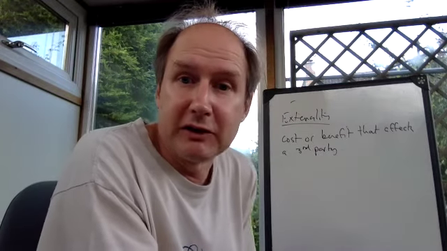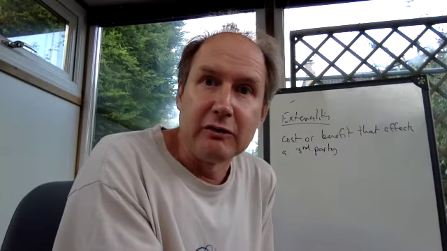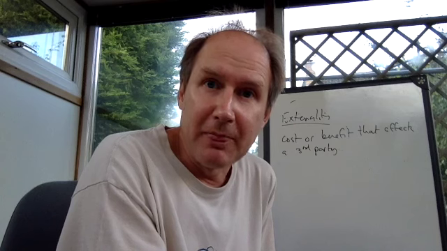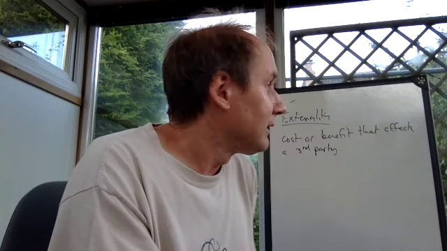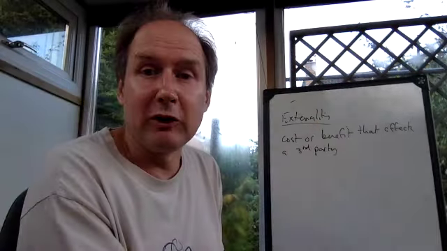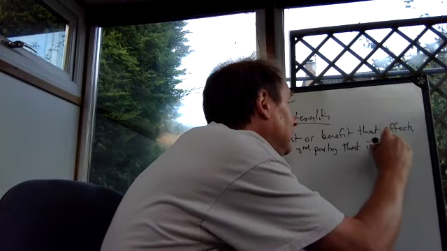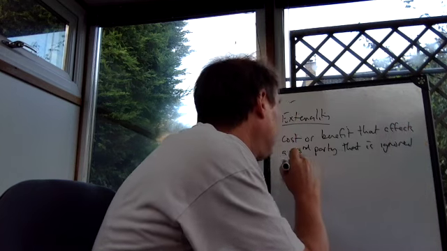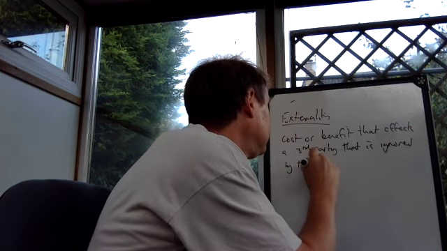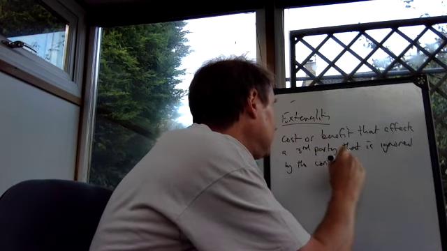A third party is somebody outside of the transaction, so not the consumer and the producer, who are the first and second parties. So it's a cost or benefit that affects a third party that is ignored by the consumer and the producer.